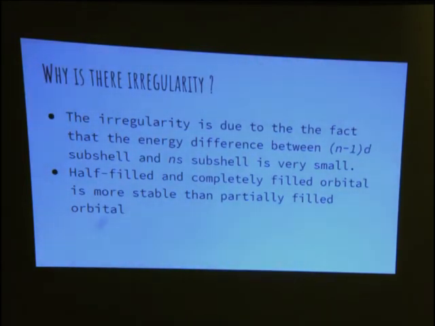This is because the energy difference between the penultimate shell and the last subshell is very small, so the last electron enters the penultimate shell instead of the last shell. Then the most important reason here is that half-filled orbitals and completely filled orbitals are more stable compared to partially filled orbitals.